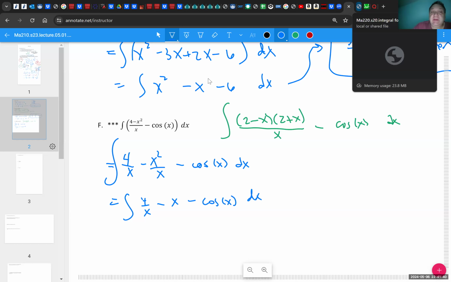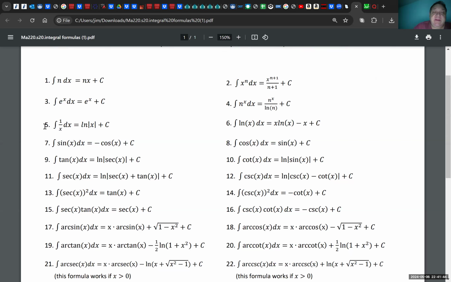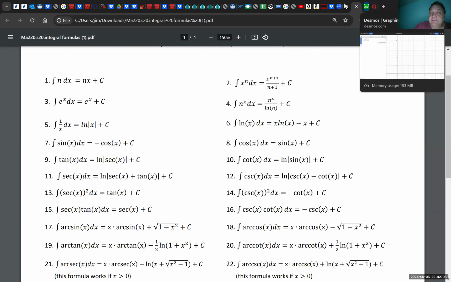So when I go to my formula sheet and I look towards the top, I will see number 5, the antiderivative of 1 over x is written as the ln x. You may remember that from your derivative formulas. The derivative of ln x is 1 over x. This is the exact same thing in reverse because it's an antiderivative versus a derivative. And the 4 will not affect the derivative nor the antiderivative. It just gets carried forth.